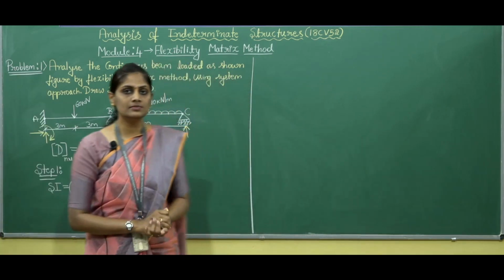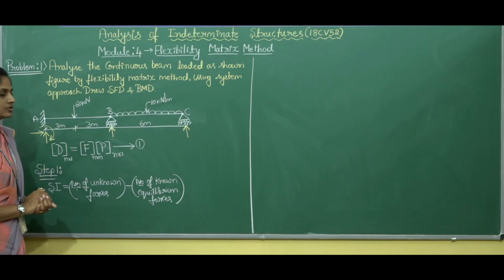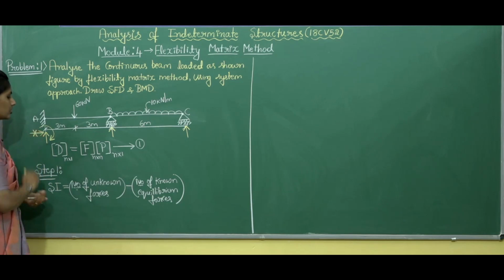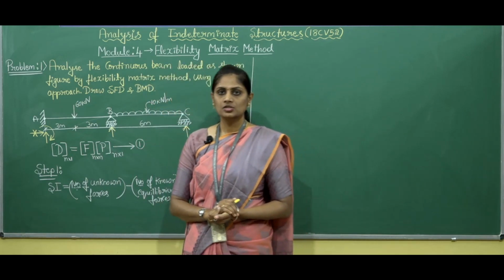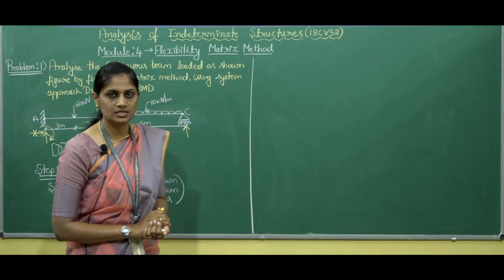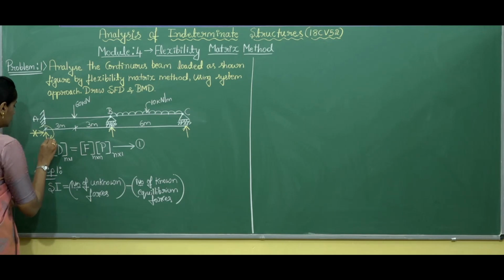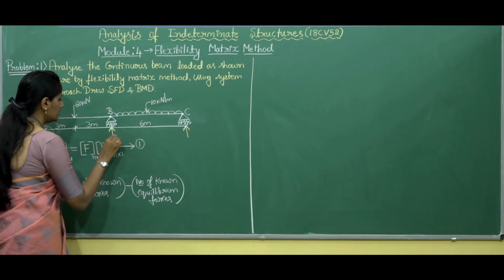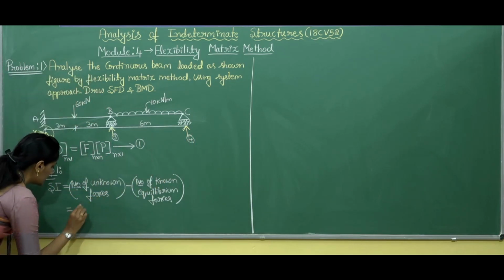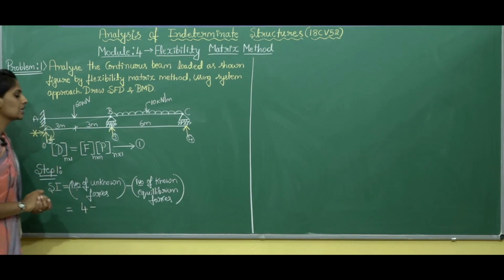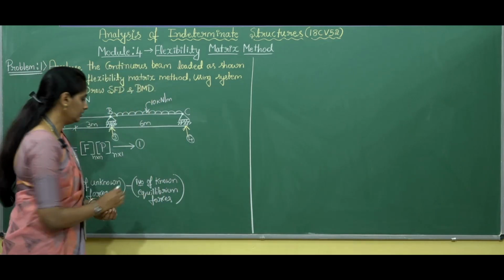As we know, in beams we don't consider the axial forces, so you can neglect the horizontal force in case of beams. If you count the number of unknown reactions in the given beam, we have 1, 2, 3 and 4. So, the number of unknown forces equals 4, minus the number of known equilibrium conditions, which is 2.